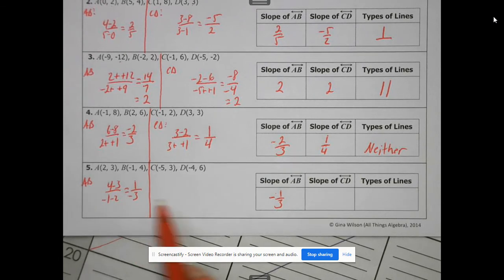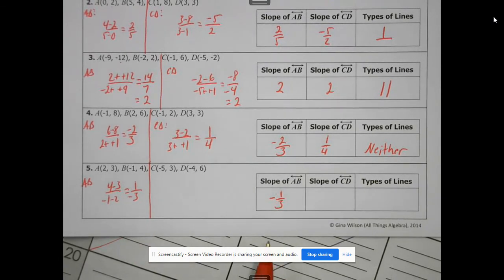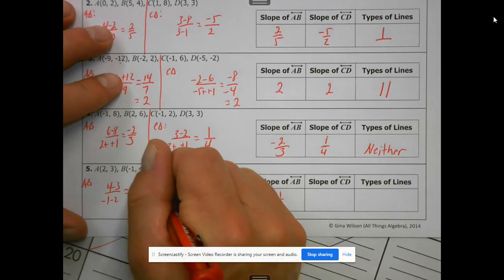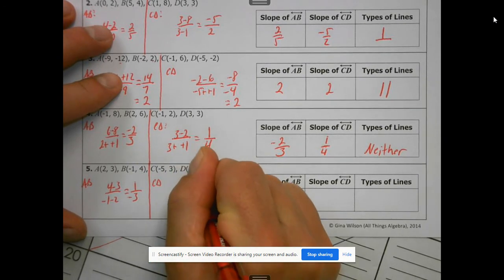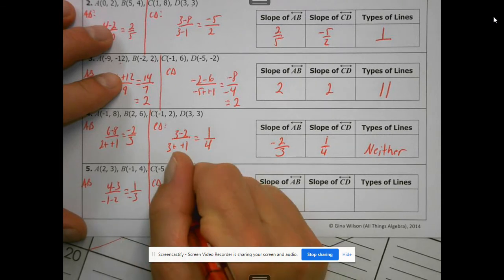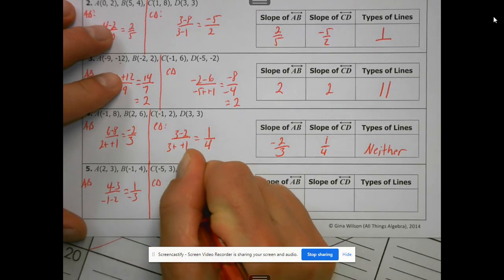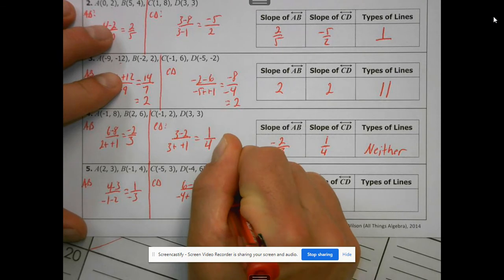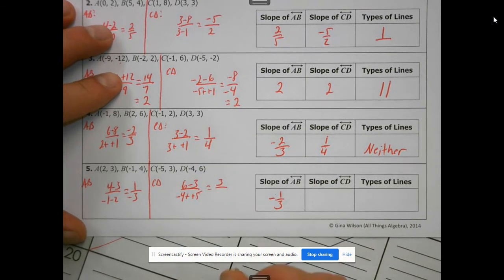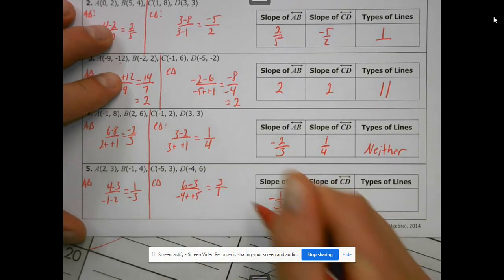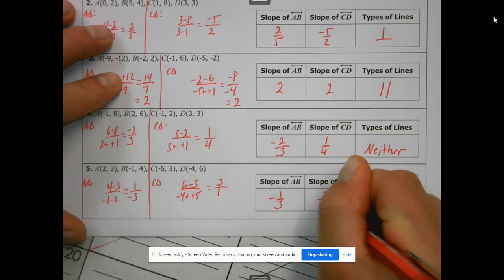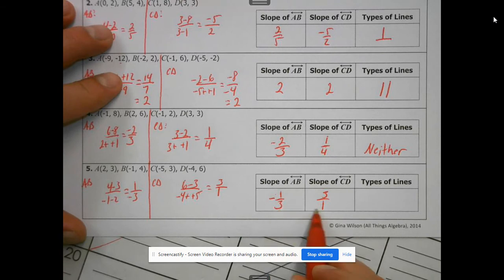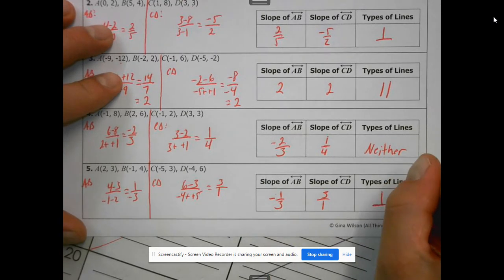This slope is the same as writing it that way, -1/3. CD, 6 minus 3 over -4 minus a -5, plus plus. Top, we have a 3. Bottom, we have a 1. Slope of CD is 3 over 1. And these are negative reciprocals of each other. These lines are perpendicular.